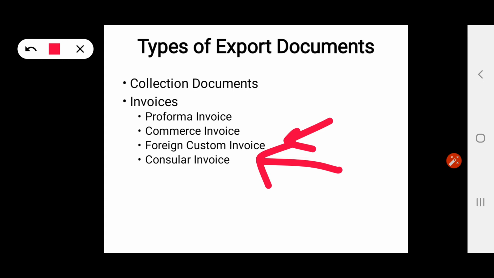Usually this document is prepared in the language of the buyer's country. Here the seal, signature and official stamp of the exporter company is to be there on this document.